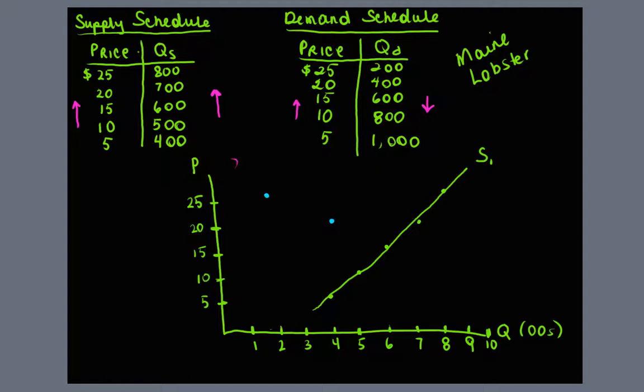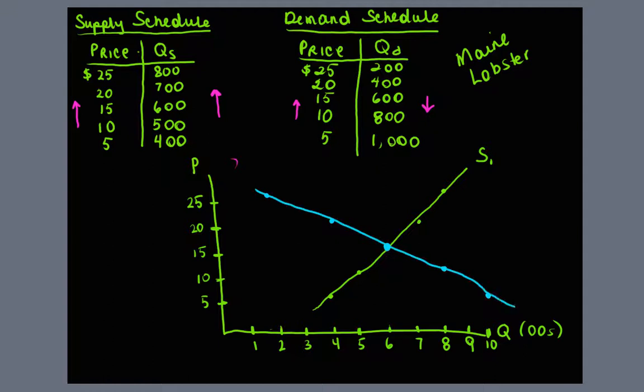They want to take advantage of that price decrease. Then at 15 we have 600, so we're here over that green point. At 10 we have 800. And at $5, we are at 1,000. My demand curve looks something like this based on the points I'm given.